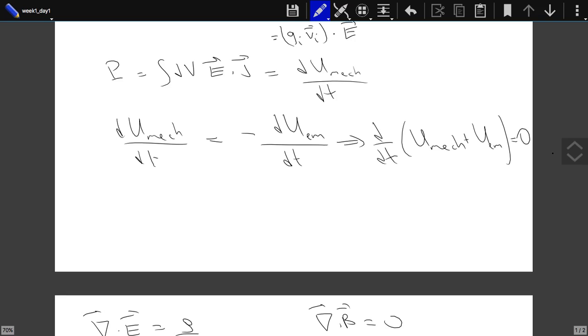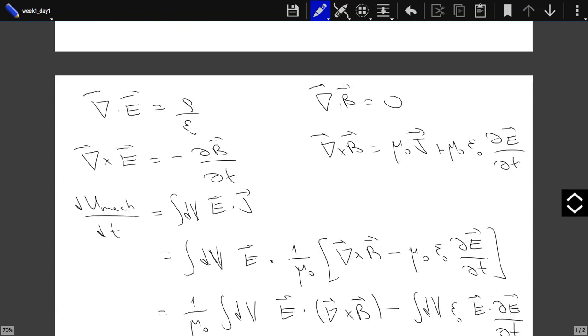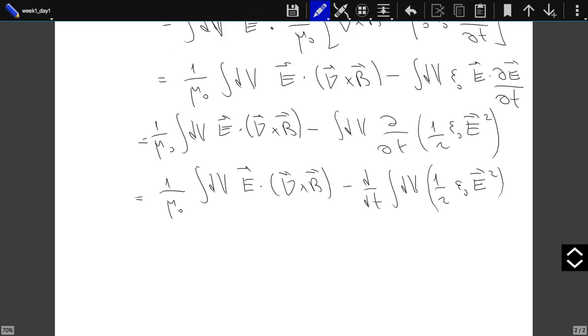We started with the left-hand side. On the right-hand side, I am trying to write it as minus the total derivative with respect to time of some quantity that depends only on my fields. At least the last term has that form. Well, the first term doesn't have that form yet, so we have to play with it a bit.